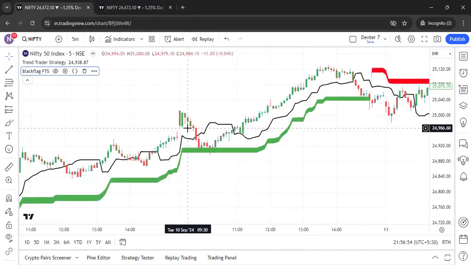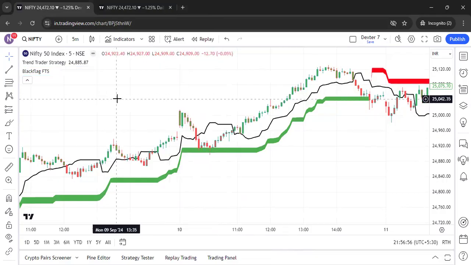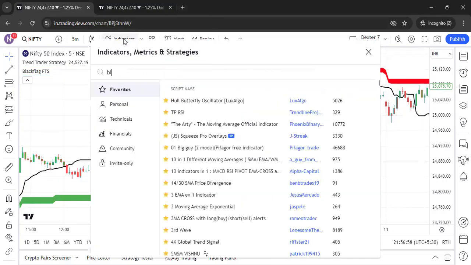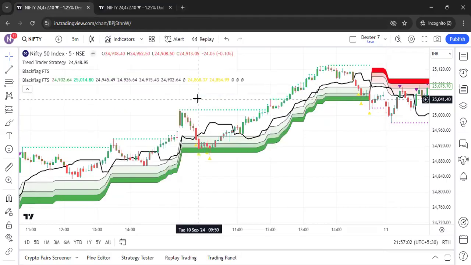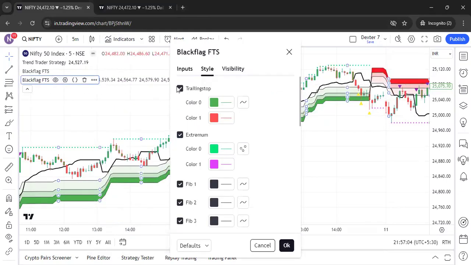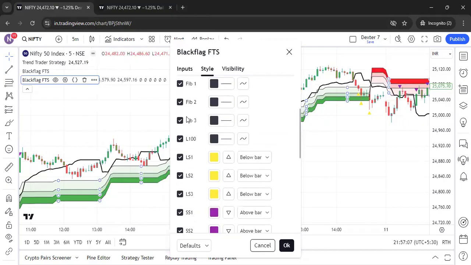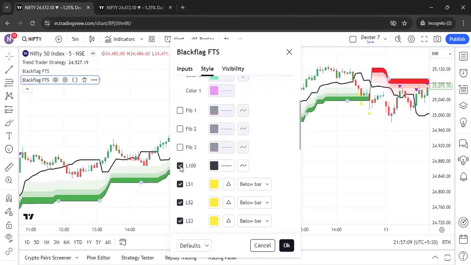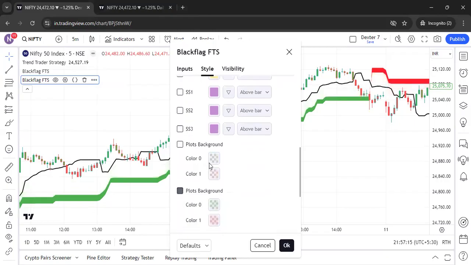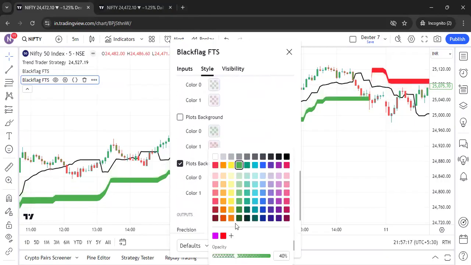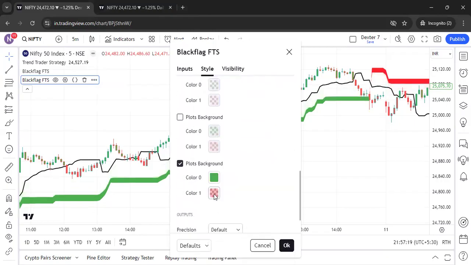Okay. Now what we are going to do is we are going to add one more black flag. And we'll do probably the same thing in the style tab. Please note that as far as style is concerned, both of them have the same settings.